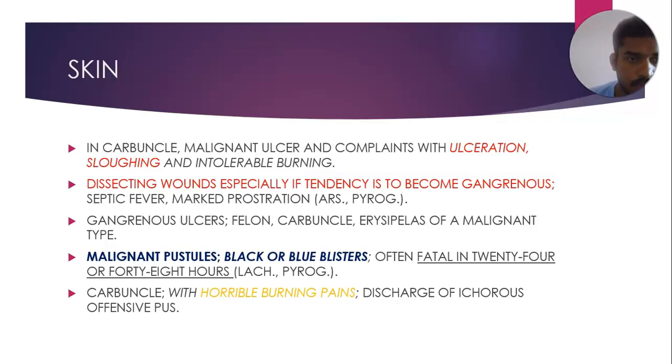In skin, you have carbuncle, you have ulceration, intolerable burning, sloughing. These three words are always related to anthracinum. Dissecting wounds, especially if there is a tendency to become gangrenous. Okay, so see how the pathology goes. You have a felon, you have sloughing there, then it goes a little more beyond.